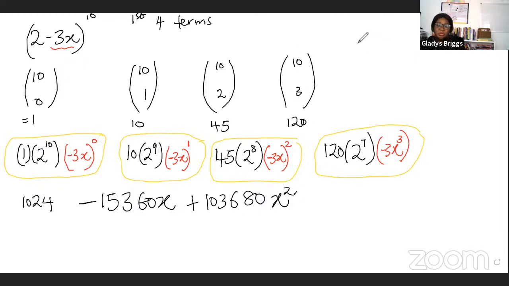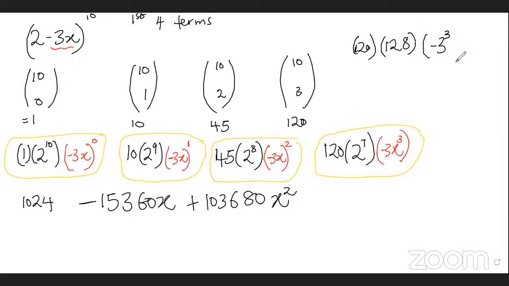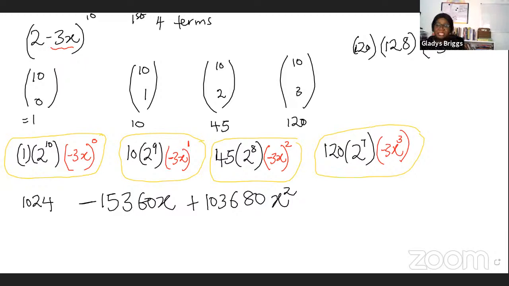Yeah, so this one will be 120 times, what's 2 to the power of 7? 128. 128 times negative 3x cubed.